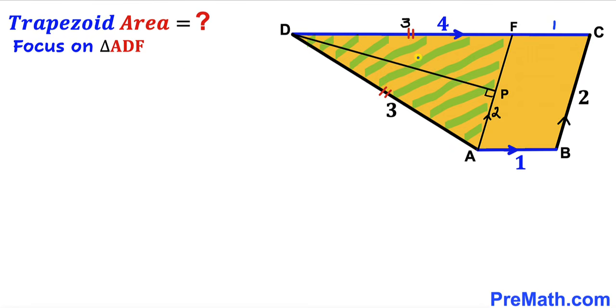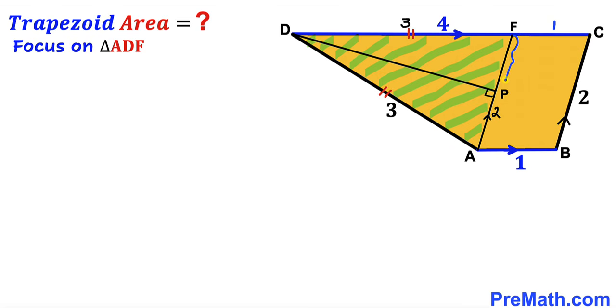In this next step, I have dropped this perpendicular DP on side AF, as you can see. Now we can see that this triangle ADF is an isosceles triangle, and this is our 90-degree angle. So this perpendicular DP is going to bisect side AF into 2 equal parts.